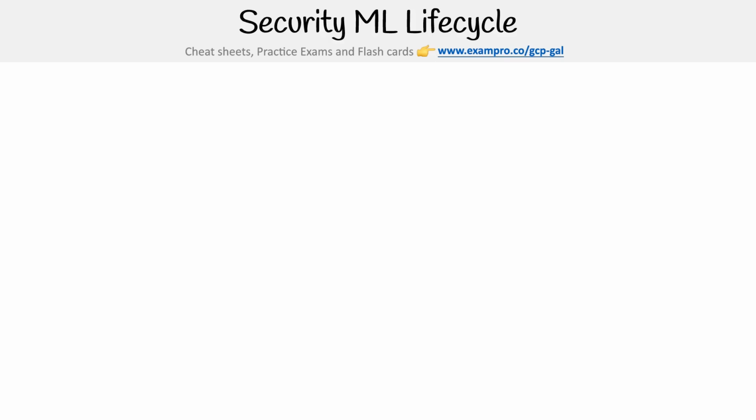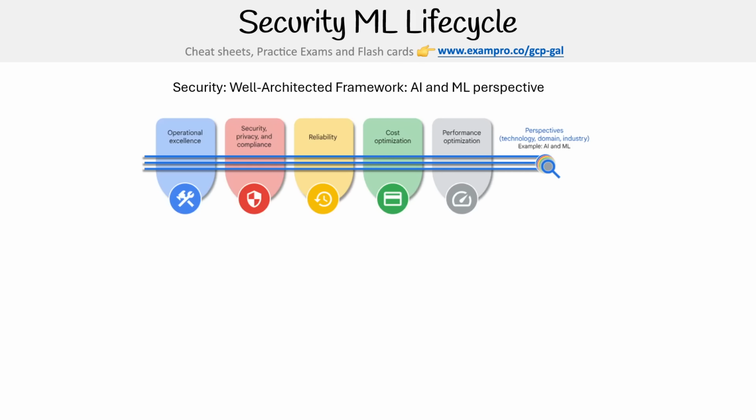In the exam guide, they talk about the security machine learning lifecycle, and they specifically reference a single page within the Well-Architected Framework called the AI ML Perspective. There really isn't a whole lot in here, so I don't really know how this would align with the exam.